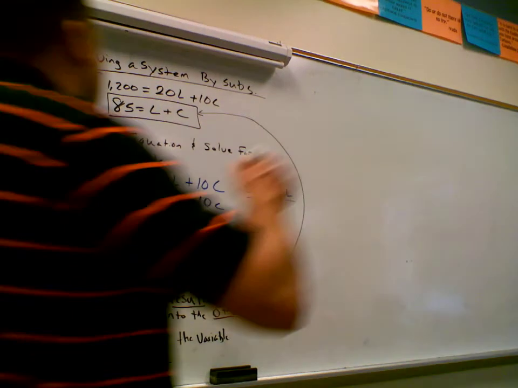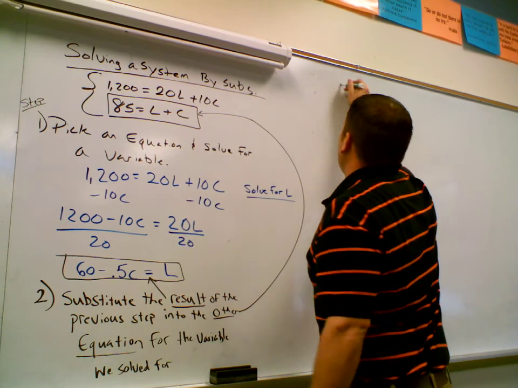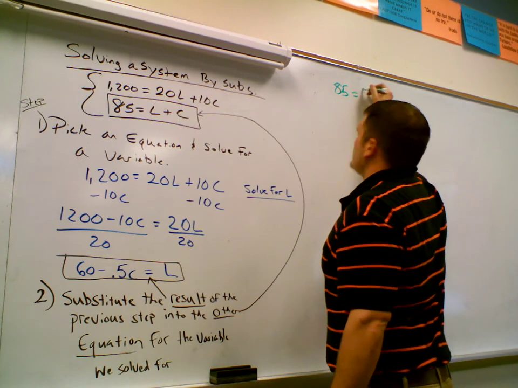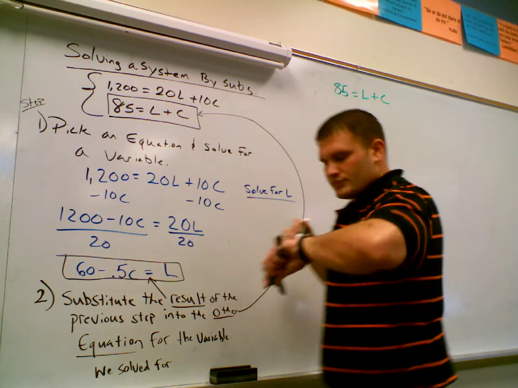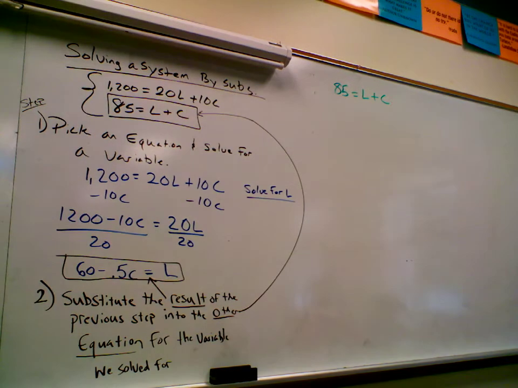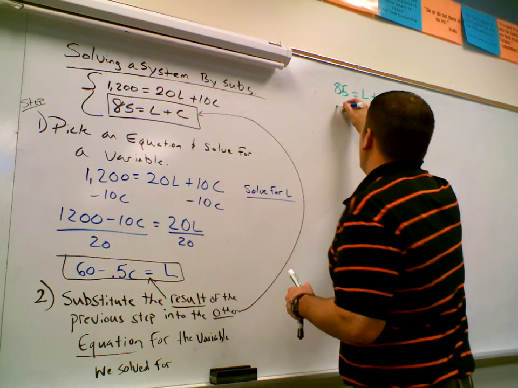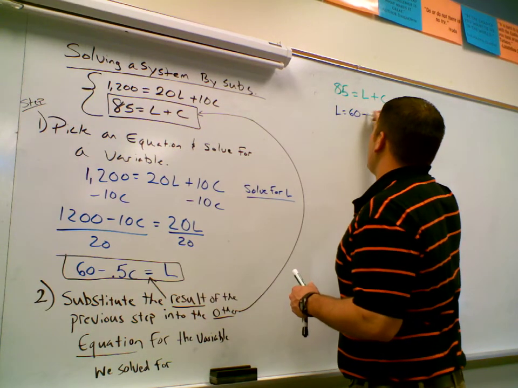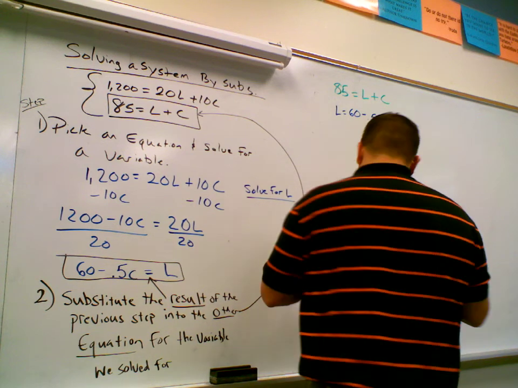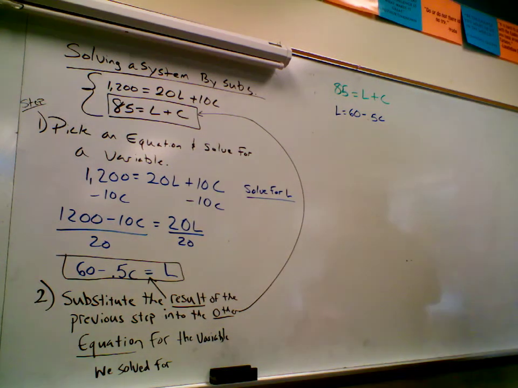So what that means is I take 85 equals L plus C. Okay? 85 equals L plus C. And I know from step 1 that L equals 60 minus 0.5 C. Right?